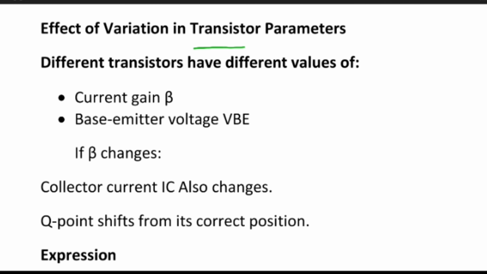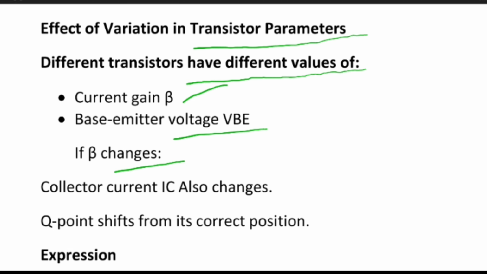Next is the effect of variation in transistor parameters. Different transistors have different values, so the current gain beta and the base emitter voltage VBE vary. When beta changes, the collector current also changes, and the Q point shifts to an incorrect position.